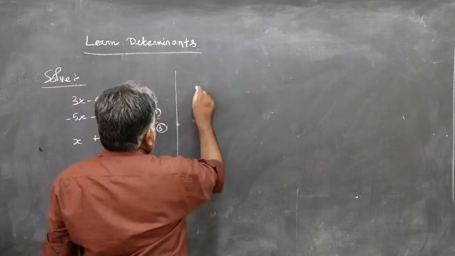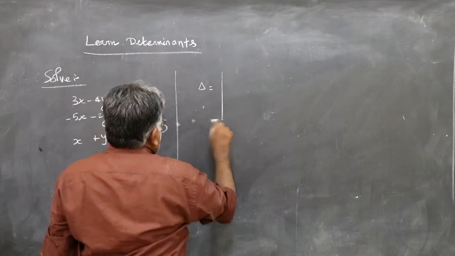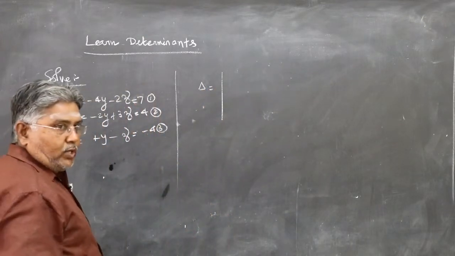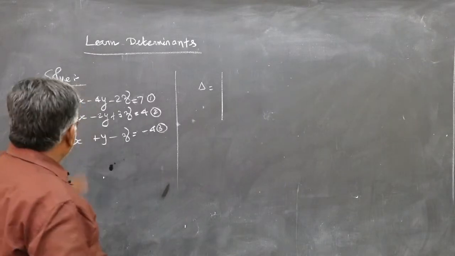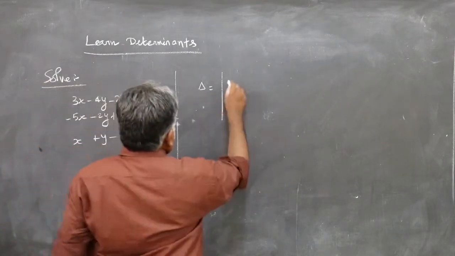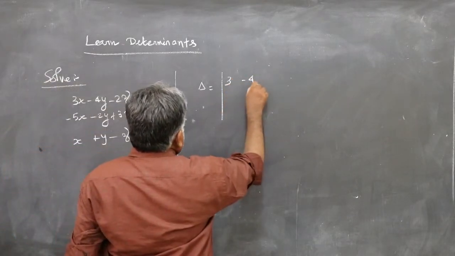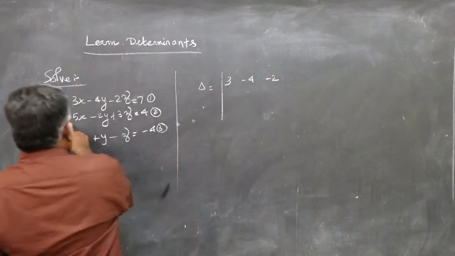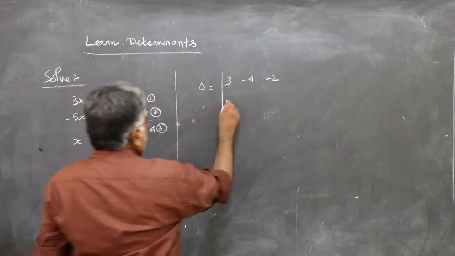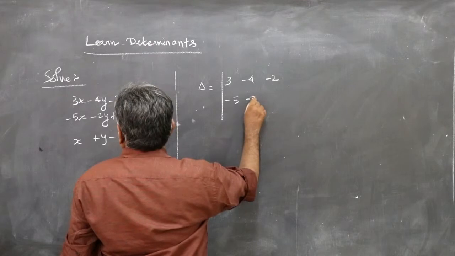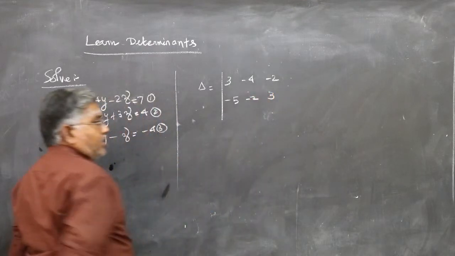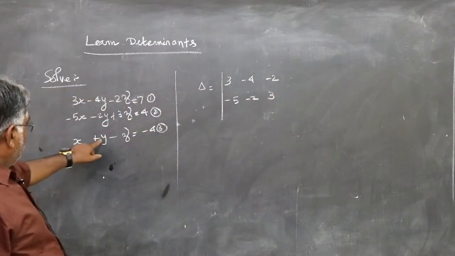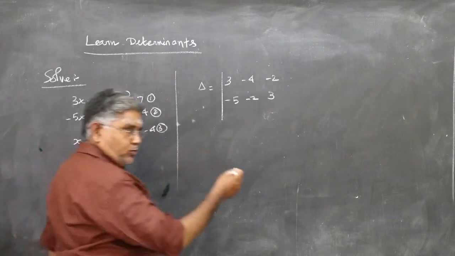First find out delta. Delta is made of the coefficients of x, y, z. 3, minus 4, minus 2; minus 5, minus 2, 3; 1, 1, minus 1, coefficients of x, y, z.